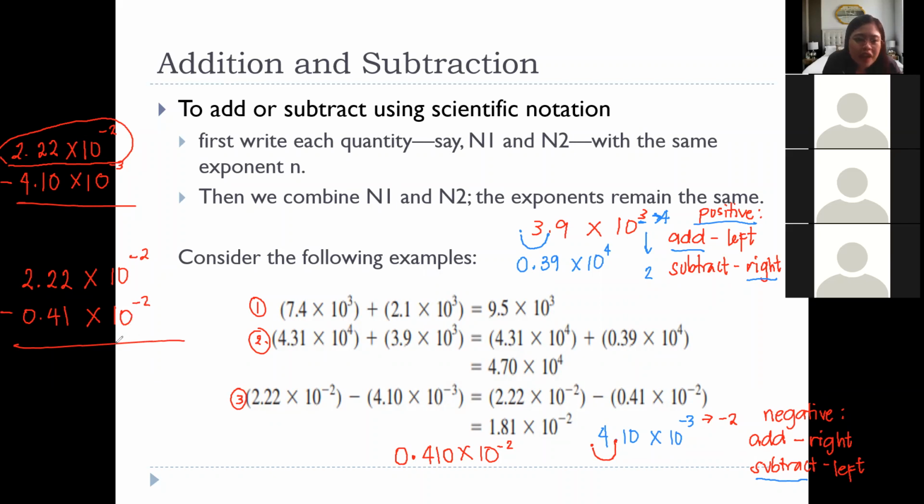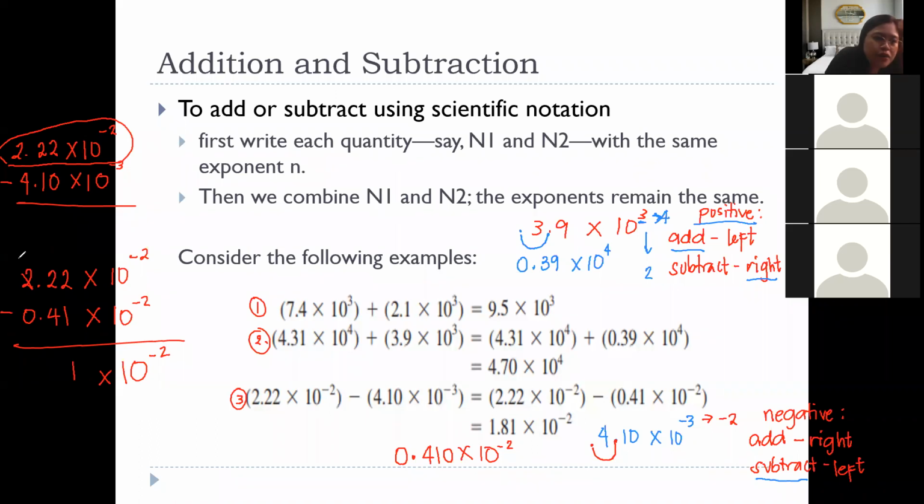So when you subtract, just like sa addition, you just copy this times 10 raised to the power of negative 2, and ang atong ginasubtract lang kay kani mga capital letter N. So 2 minus 1 is 1. 2 minus 4, that cannot be. So let's borrow here.